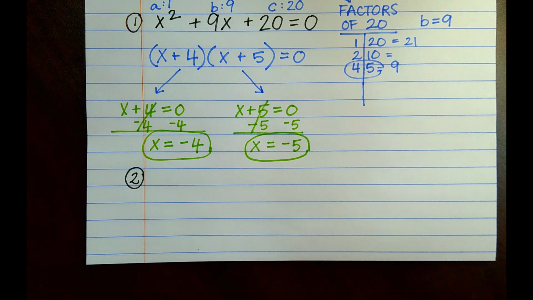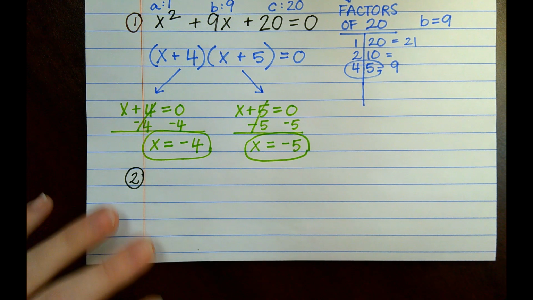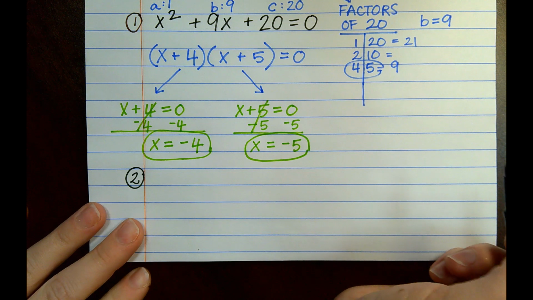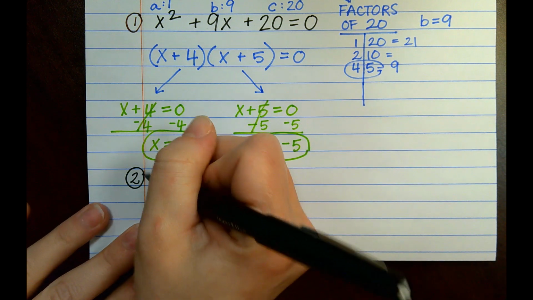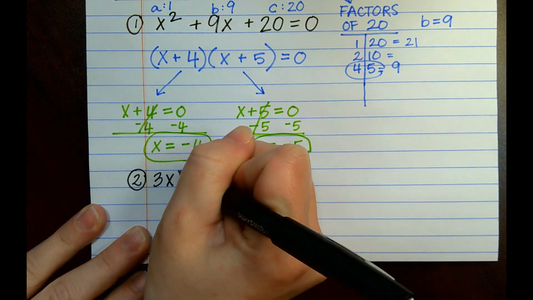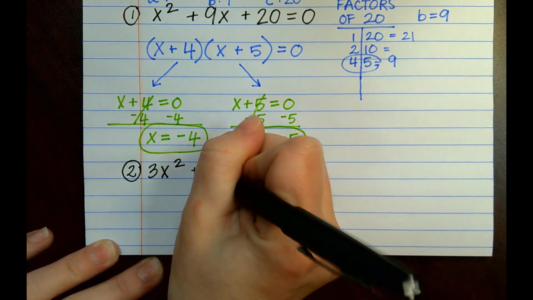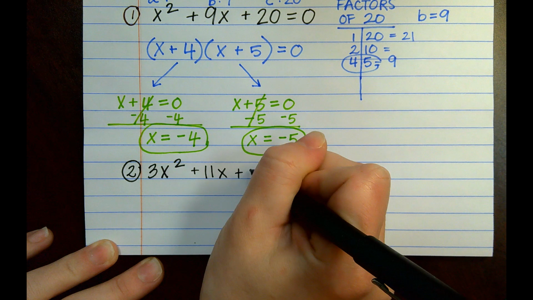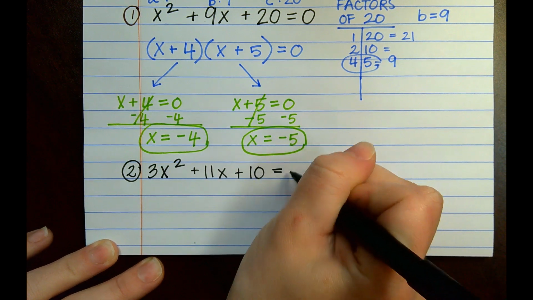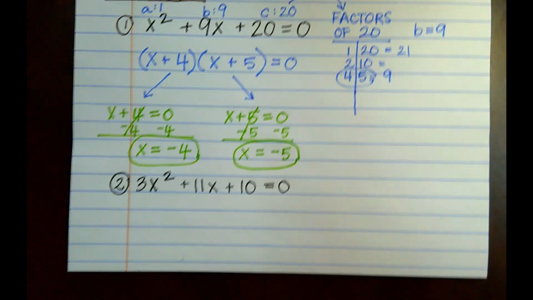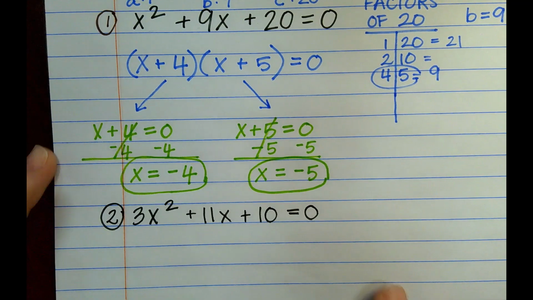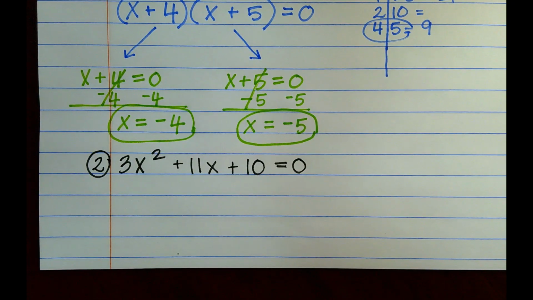How about 3x squared plus 11x plus 10 equals 0. So, here's a new quadratic equation.